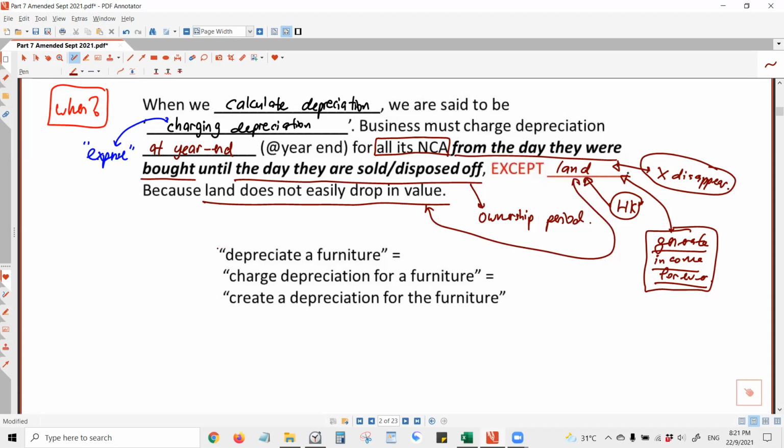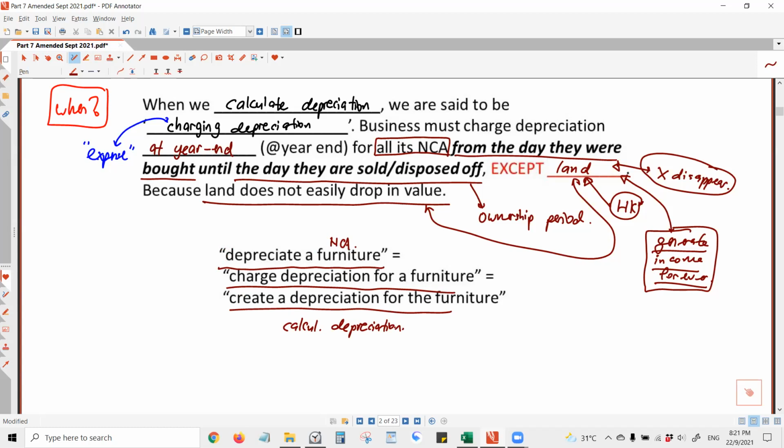Now here's a summary. Depreciate a furniture. Furniture is an NCA, right? It's also known as charging depreciation for the furniture, or creating a depreciation for the furniture, or calculating depreciation. This is for you to understand the questions when they use any of these terms.